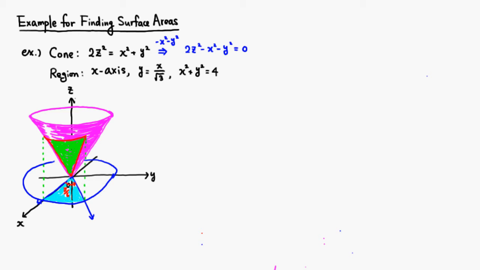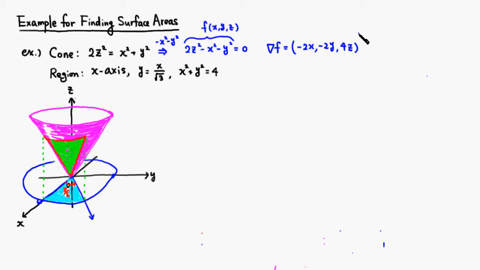We can call this f of x, y, z. Then we can find the gradient. Gradient of f is equal to: partial with respect to x is negative 2x, partial with respect to y is negative 2y, partial with respect to z is 4z.